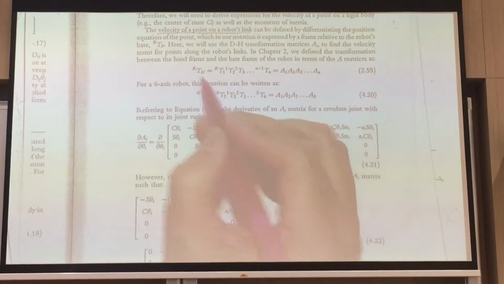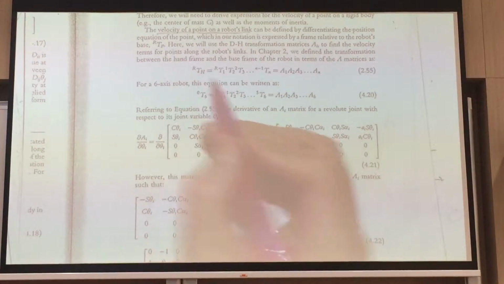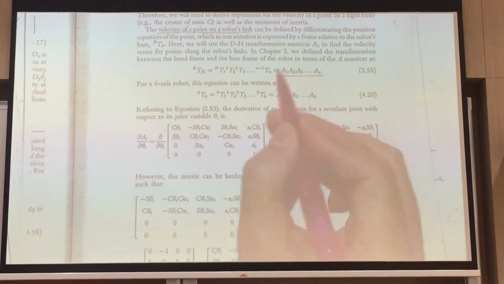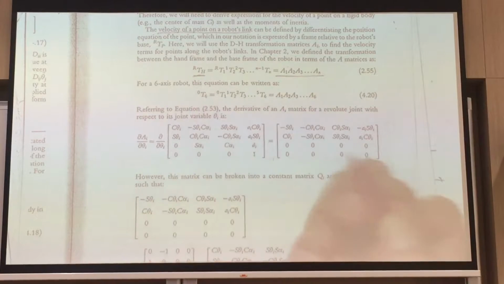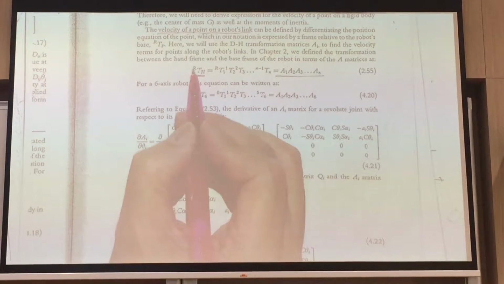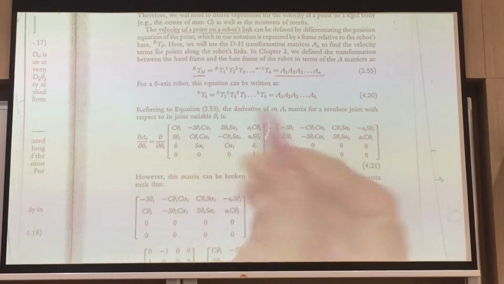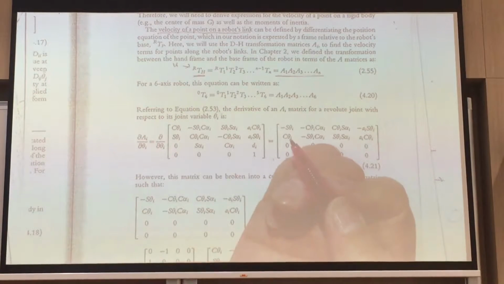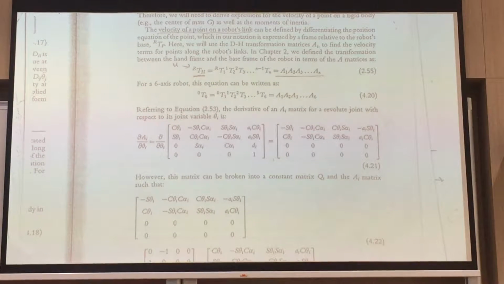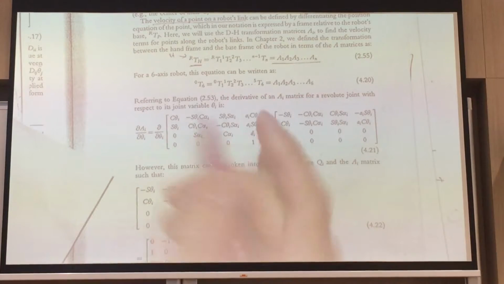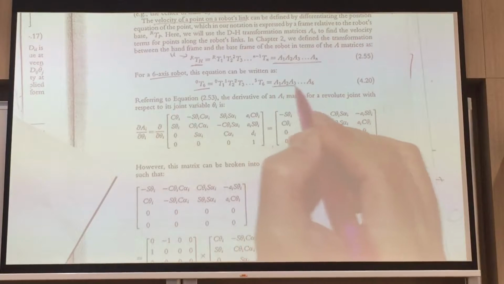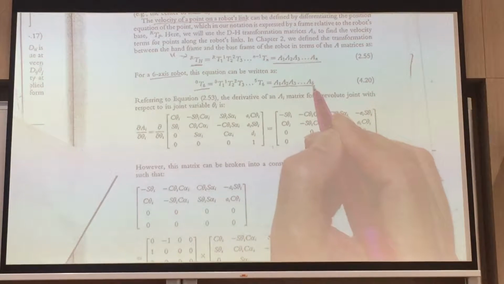Your UTH that we talked about just now is given by the multiplication of all the transformation matrices with respect to the reference frame. Sometimes we put this U, sometimes we call it R. They are the same. For a 6-axis robot, 0T6 will give you the multiplication of A1 to A6.